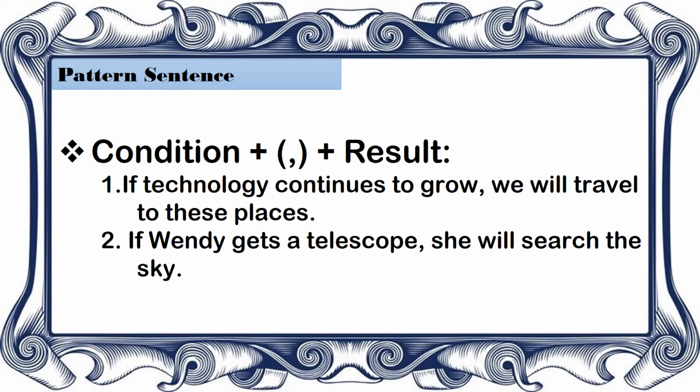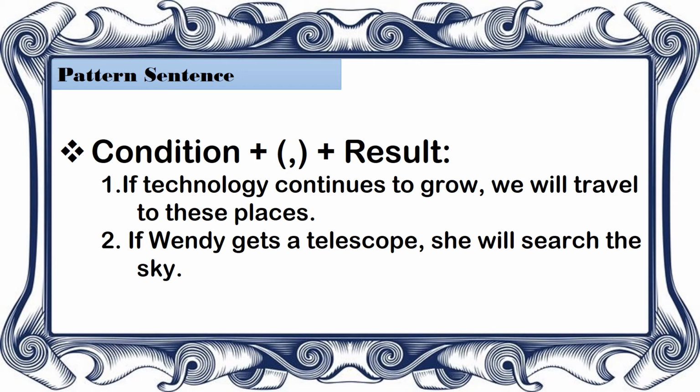So the example here is, if technology continues to grow. As you can see, the start of the sentence is if, which indicates a condition. So the continuous is in the present tense. That makes it a future real conditional.